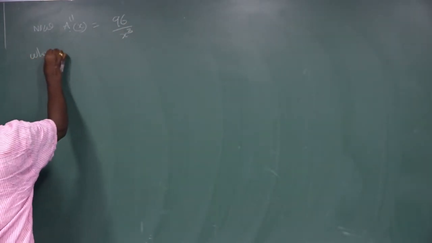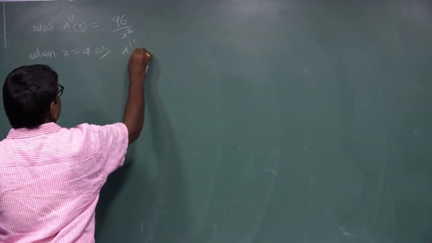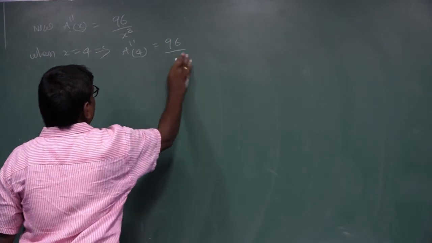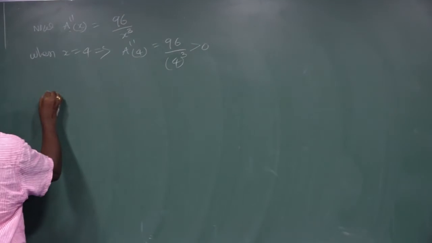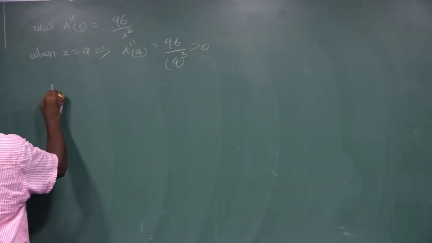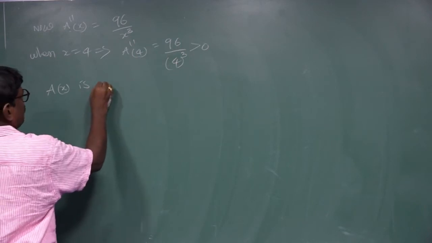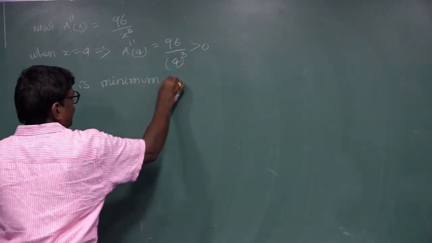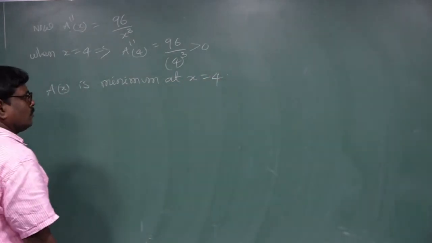When x equal to 4, A double dash 4 equal to 96 by 4 whole cube, which is greater than 0. So A of x is a minimum at x equal to 4.